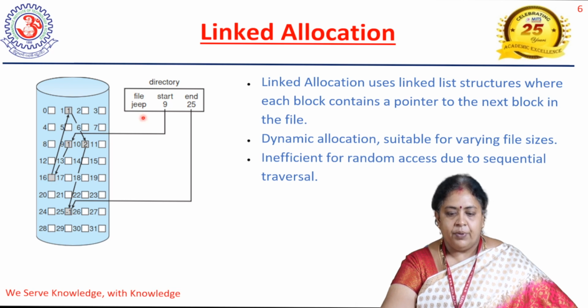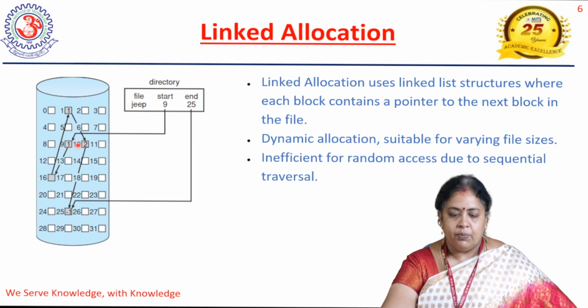For example, this is a file named zip. It is starting at the 9th block. So we store the first block of the zip file in the 9th block. Then we search for another free block. The free block is available at the 16th block, so we store the second block in the 16th block.